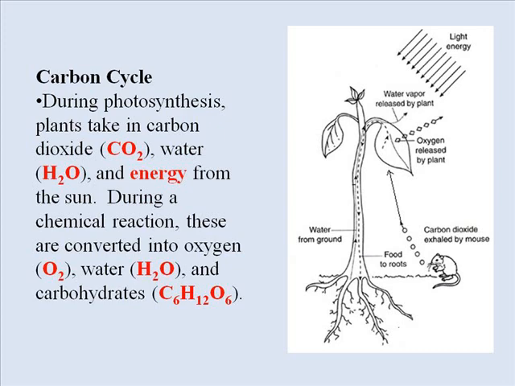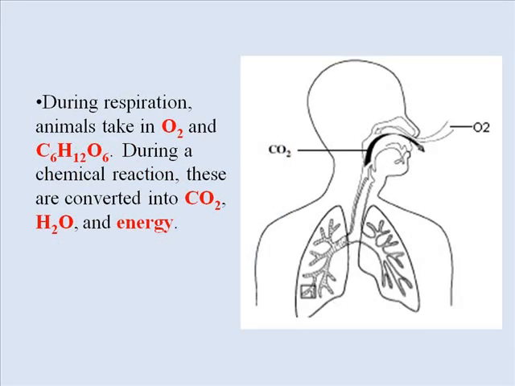It's also going to make oxygen, which plants give off, and water. Then, during respiration, animals breathe in the oxygen, but we also eat those carbohydrates. So plants are giving us carbon through our food, and then we give plants carbon by breathing out CO2, which they take in for photosynthesis.